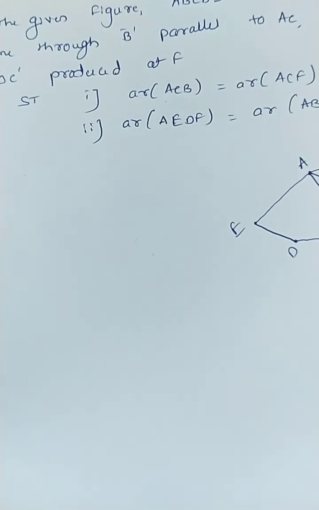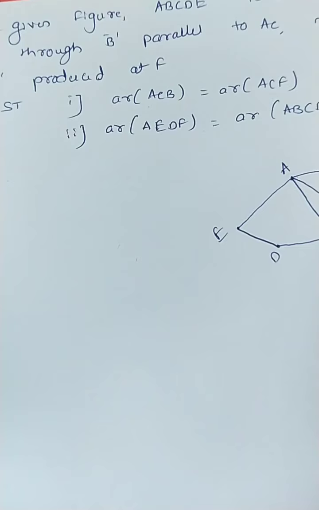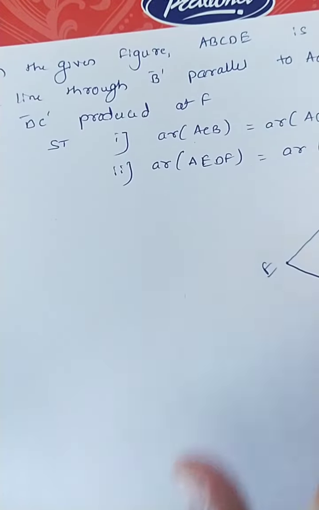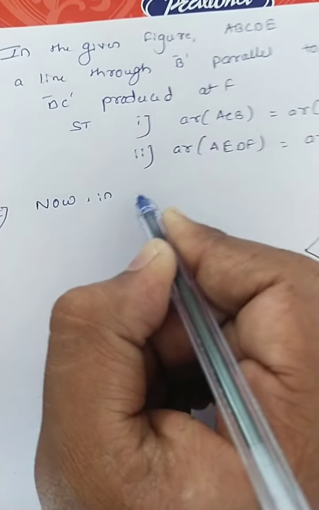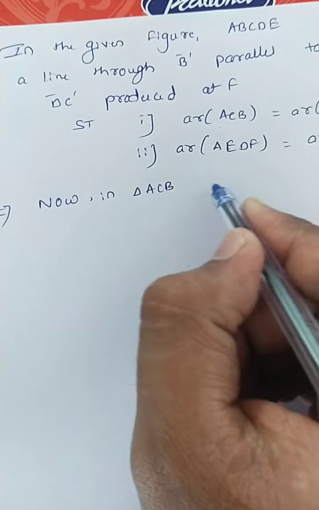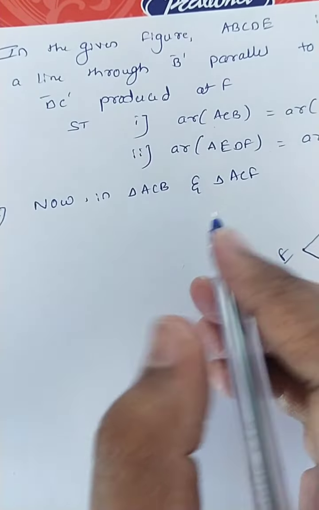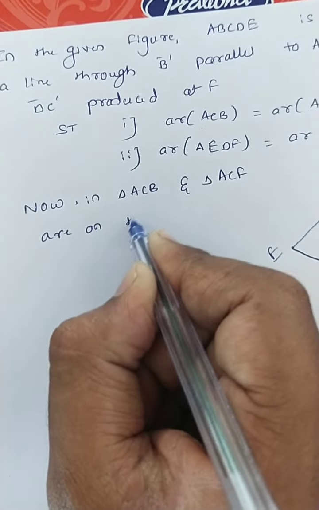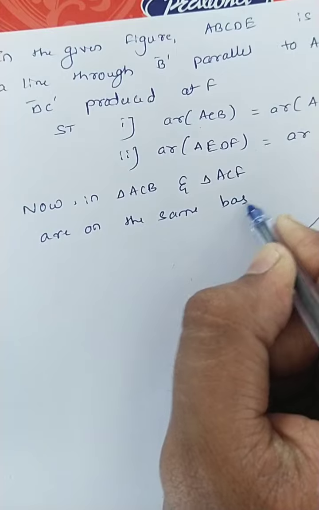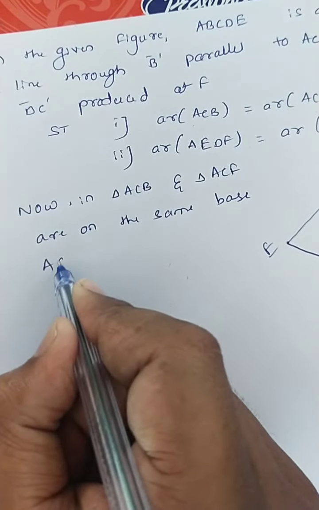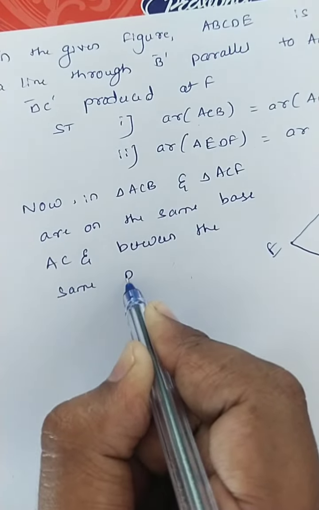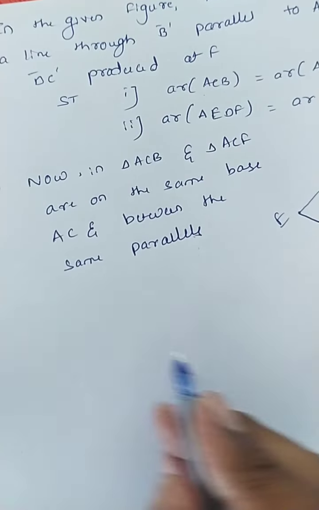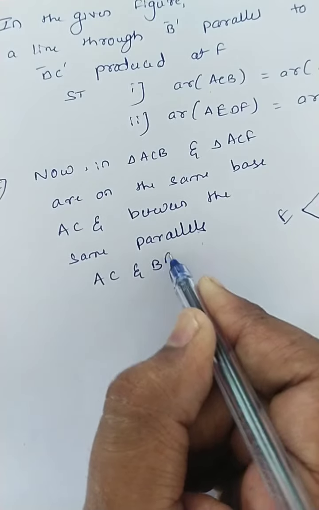Now see, triangle ACB and triangle ACF are on the same base AC and between the same parallels, AC and BF.